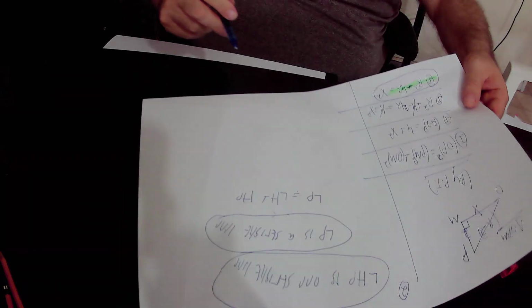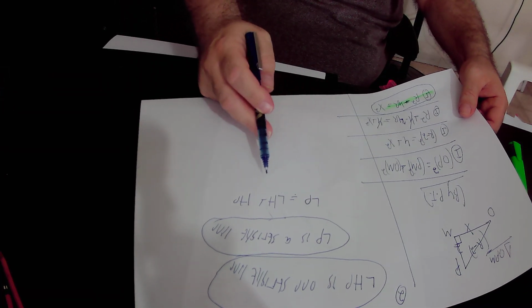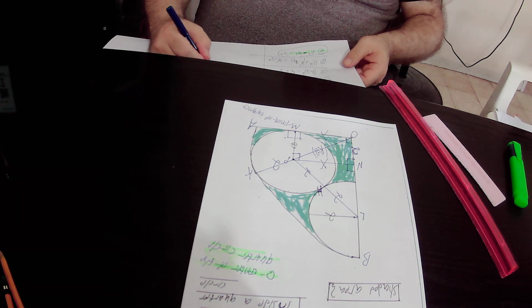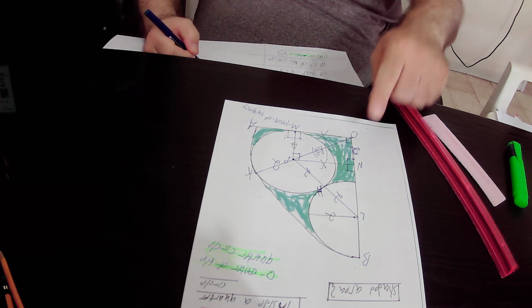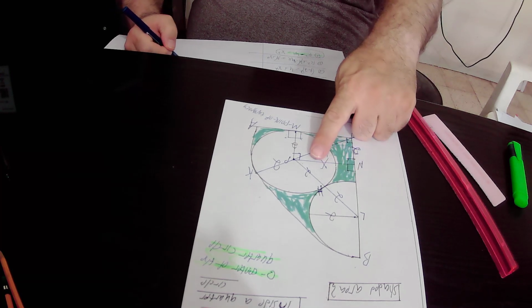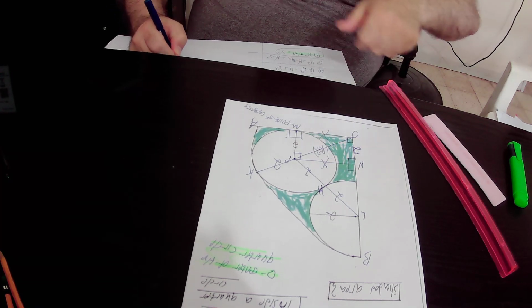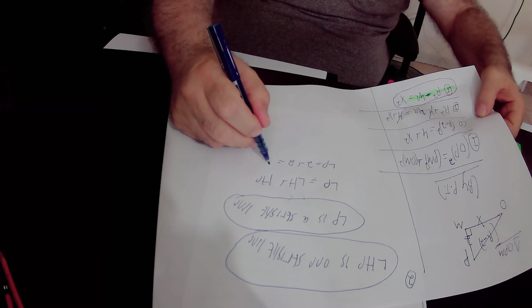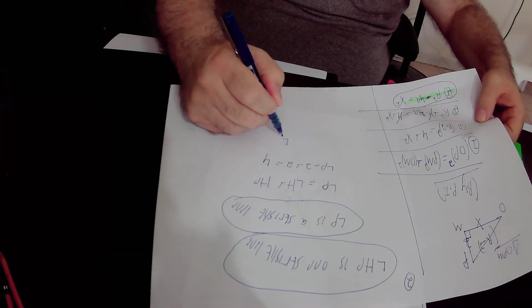LH equals 2, and HP also equals 2. So LP equals 2 plus 2, that is 4. So we found out that LP equals 4.